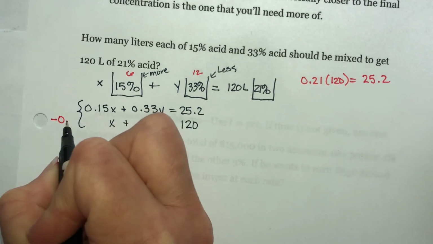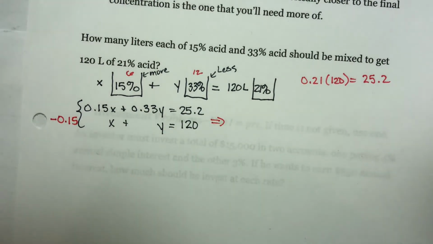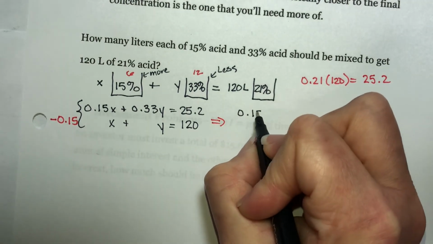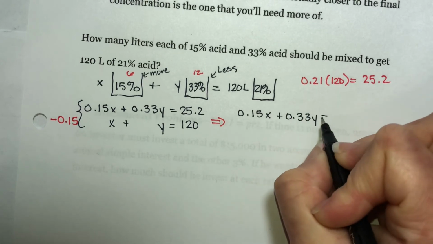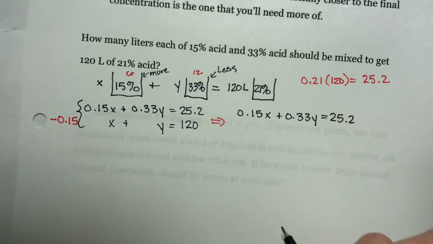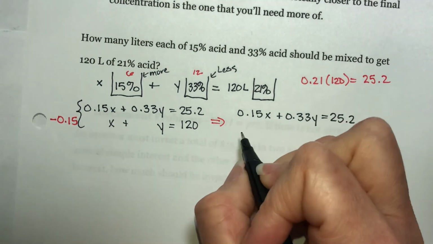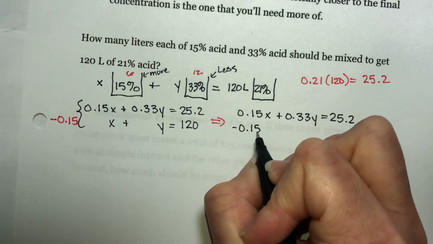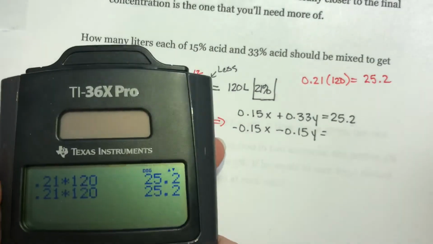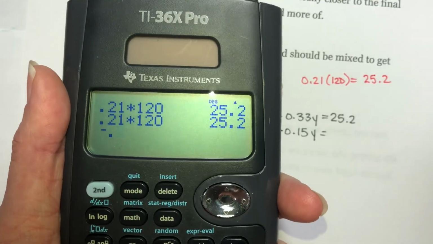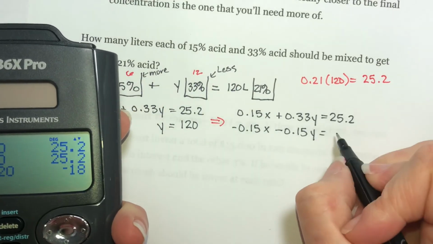I'm going to multiply everything by negative 0.15. So this system will become, recopy the first one. Double check that you haven't made a mistake. Okay, now multiply negative 0.15 through here. Negative 0.15 times 120 is negative 18.